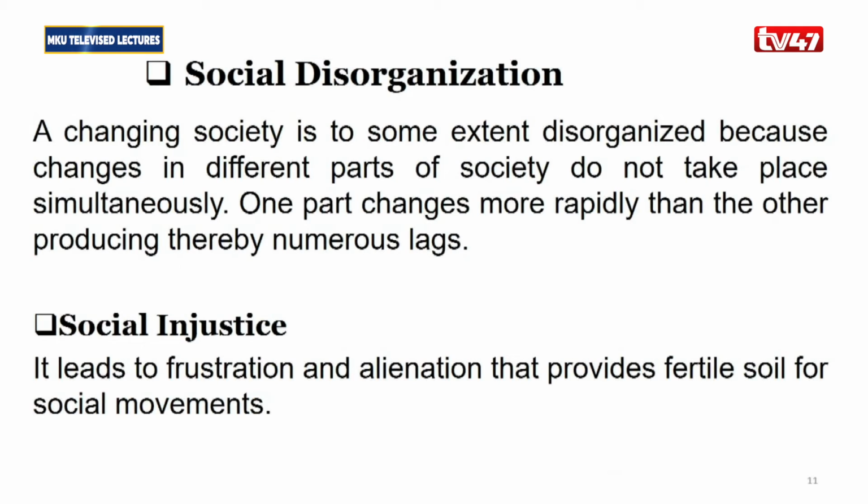So when a society becomes urbanized, things tend to be very different in the urban setup compared with the rural area. And that causes what we call social disorganization, where people within the urban area tend to look at things very differently from people within the rural area. And that social disorganization can cause social movement.